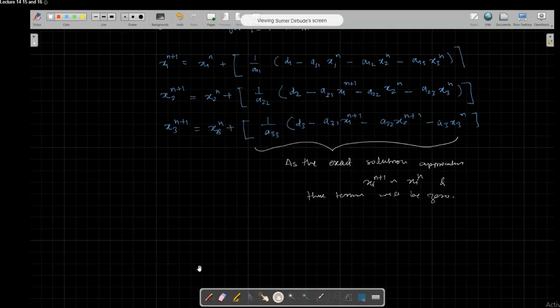Now we say we'll use the successive relaxation method. What we do in successive relaxation is we multiply this equation by omega.